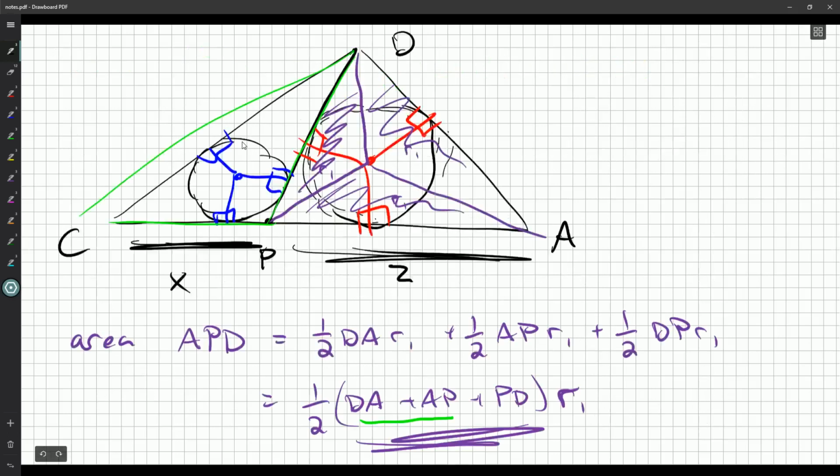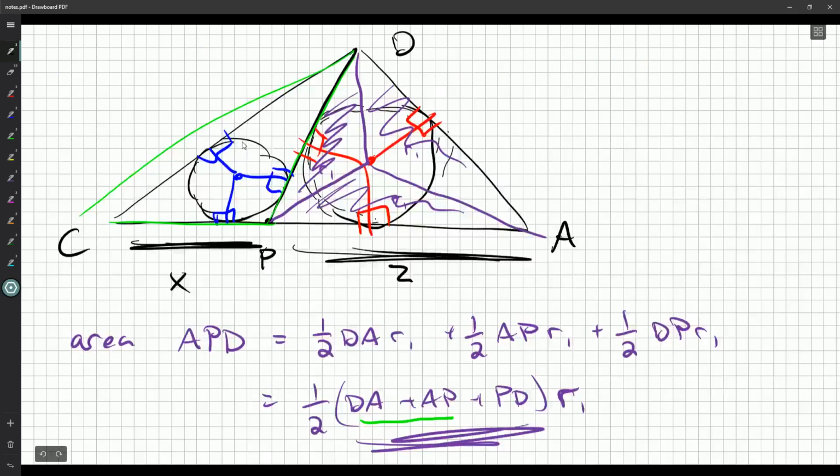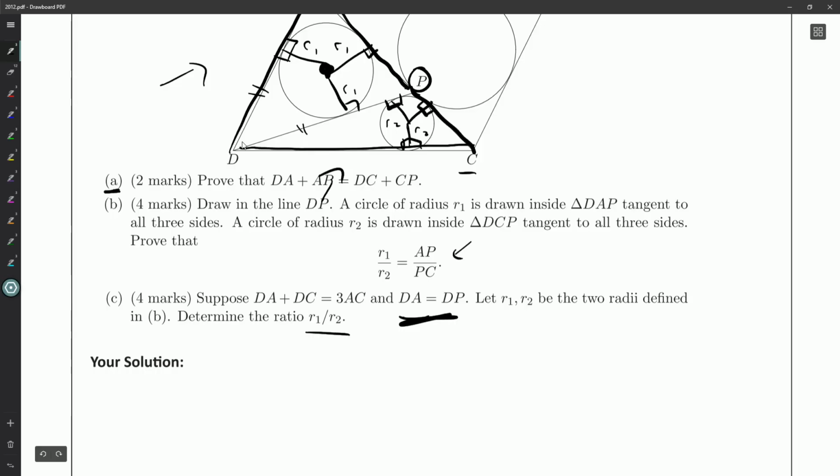I mean, that's got the isosceles triangle, but is there anything else I could learn here? Well, definitely we have the isosceles triangle, but what do I want to make of the DA plus DC? Got DA, DC, and AC again. And of course, AP plus CP, or AP plus PC, should be AC.